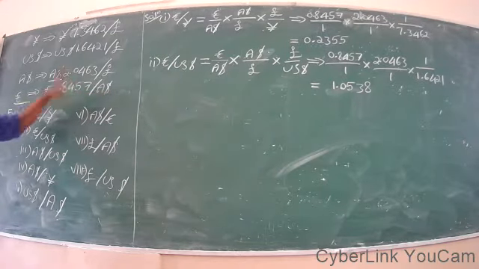1 Australian dollar is equal to 0.8457 euros. With the help of the above quotations, now we need to calculate euro per yen. That means 1 yen is equal to how many euros.